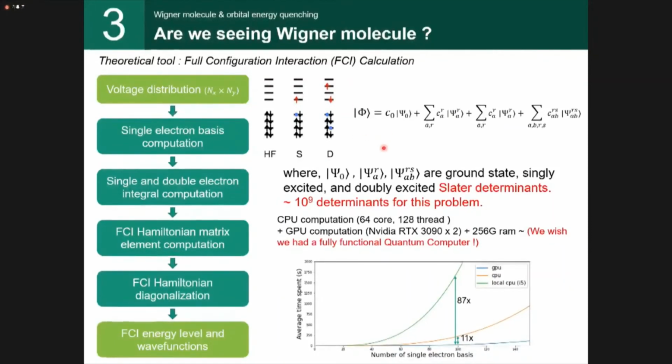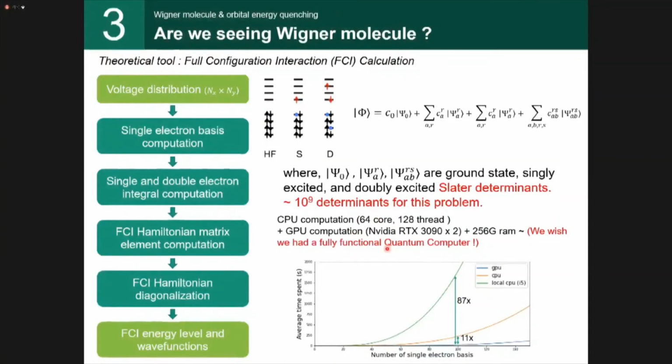This is one of the calculations that, if a quantum computer is developed, it could do better than a classical computer. But right now we don't have any fully functional quantum computer, so we had to run this calculation on our classical computer.